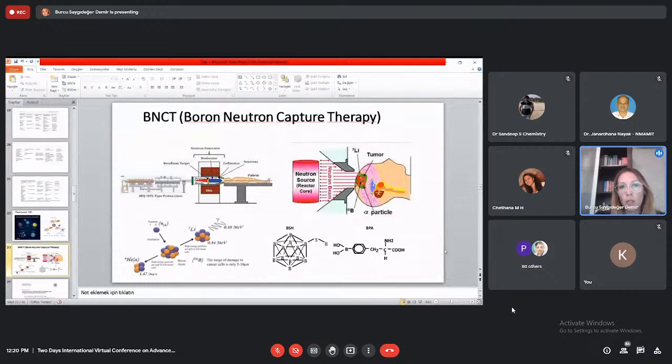The boron-10 nuclei capture neutrons and undergo a nuclear reaction, emitting alpha particles and lithium nuclei, both of which deposit the kinetic energy they carry within an extremely short distance, the size of a single cell.